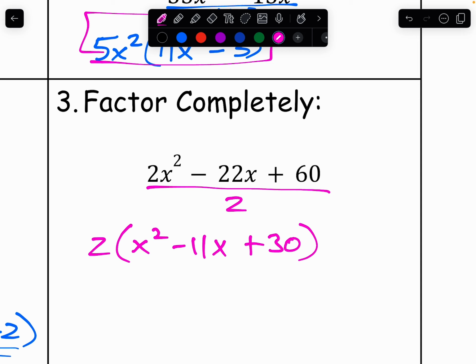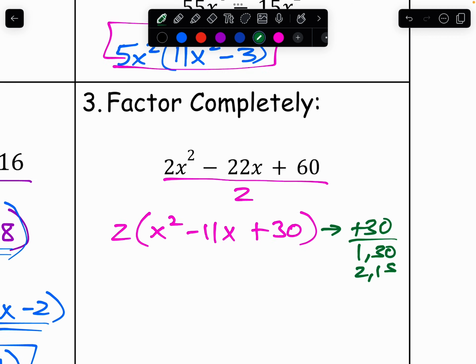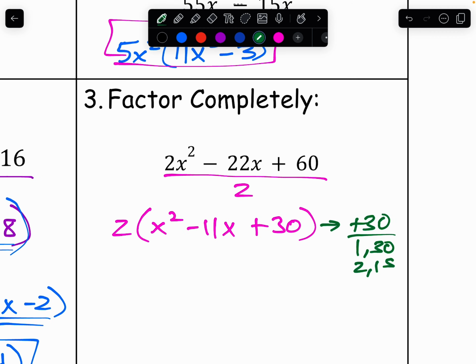And so now we slide divide since there's 2. Okay? Now, since there's nothing to slide, we go straight to positive 30. And so, positive 30, what two factors of positive 30 give us 11? So, we're going to go ahead and we got 2 and 15, 3 and 10, 4, 5 and 6. Okay?